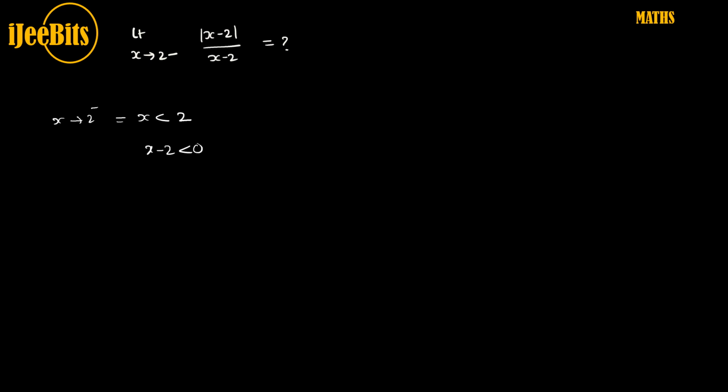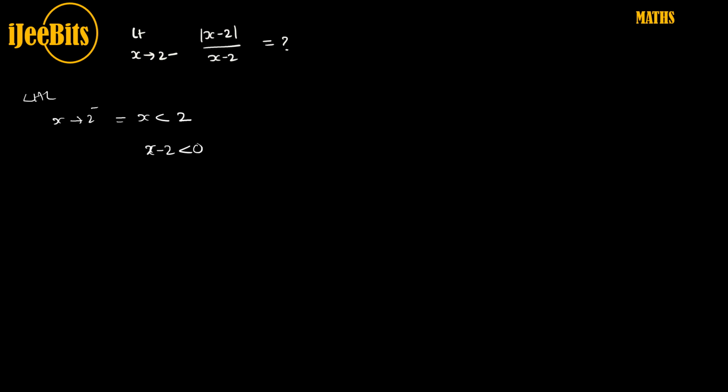The LHL condition is given, meaning the limit is a. So our condition would be x less than 2. When x is less than 2, x minus 2 would be how much? Negative value, right? So x minus 2 would always be a negative value.